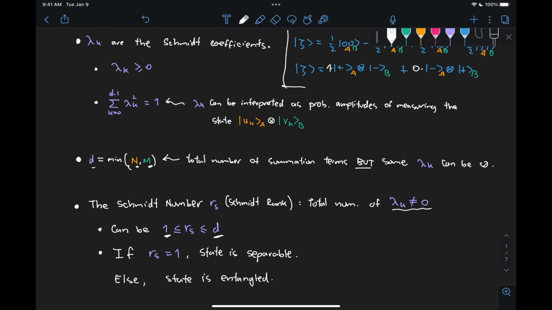And then if this Rs is not 1 but greater than 1, then we say that with certainty the state is entangled.